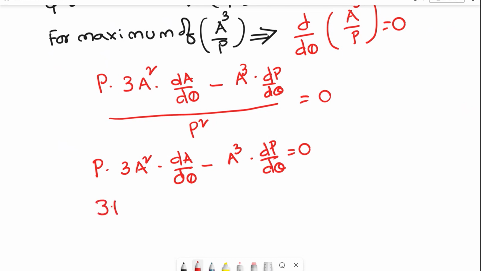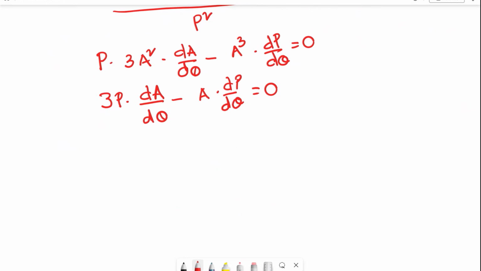So it is 3P into dA by d theta minus A into dP by d theta is equal to 0. This is what we can get. So this is the first thing. Now our problem is, what is this P, what is dA by d theta, what is A, what is dP by d theta, that we have to substitute. So now come to the problem.